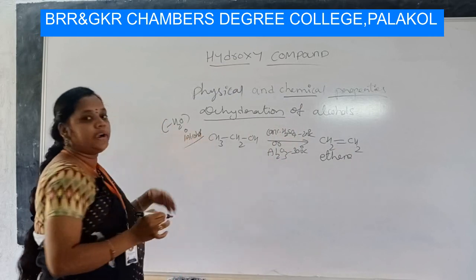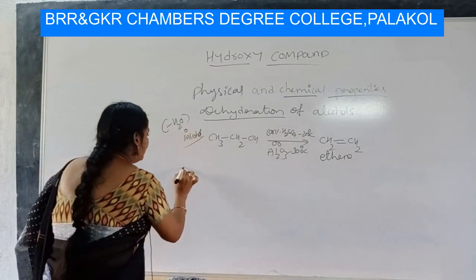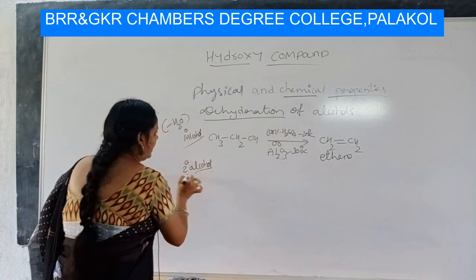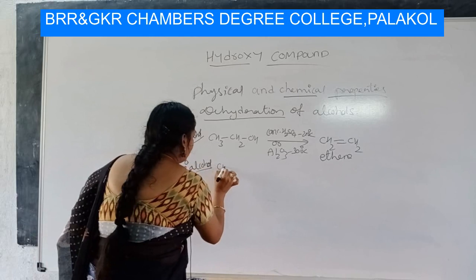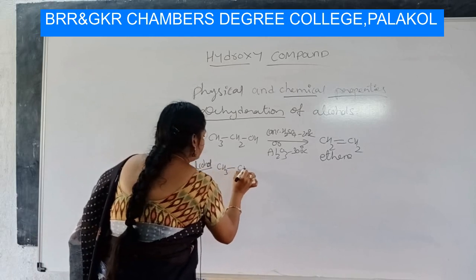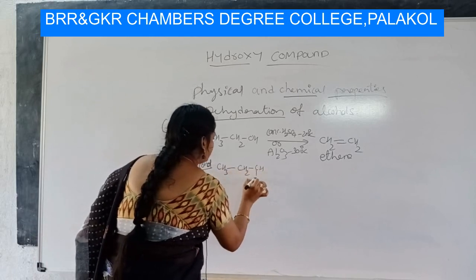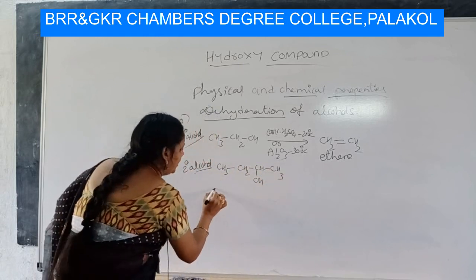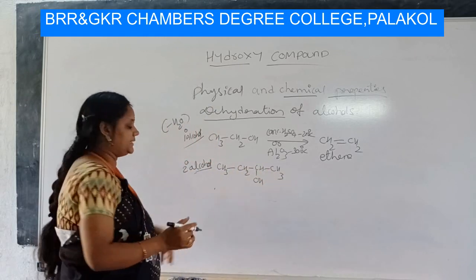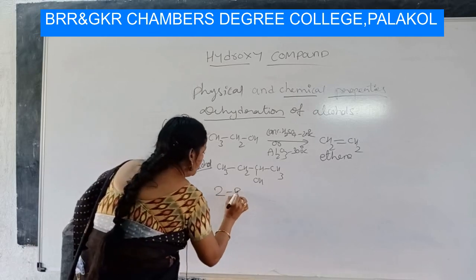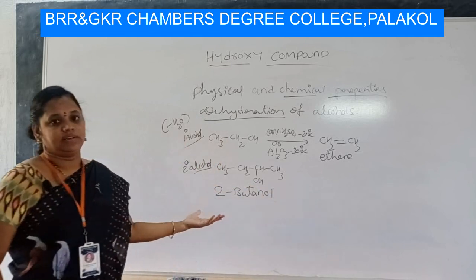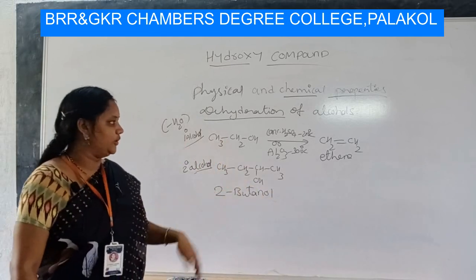What about if you take a secondary alcohol? CH3, CH2, CH, CH3. What is the name of this, students? 2-butanol. The OH group is in the second position, so it is called 2-butanol.